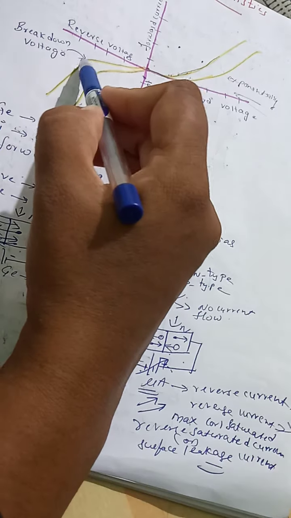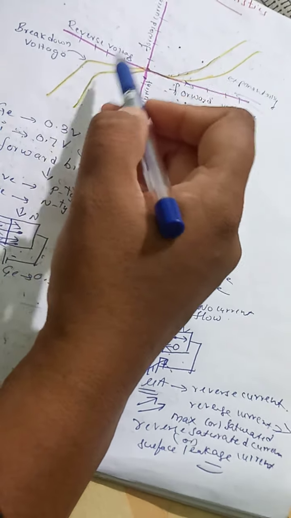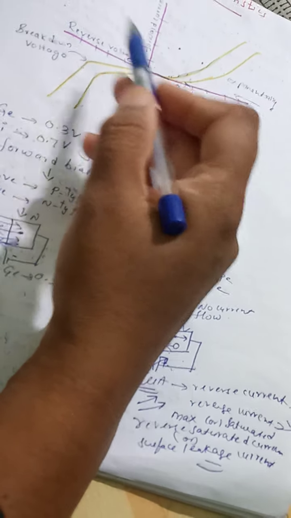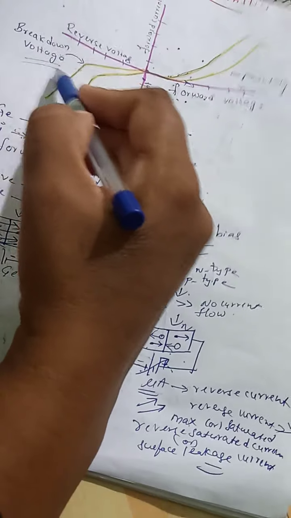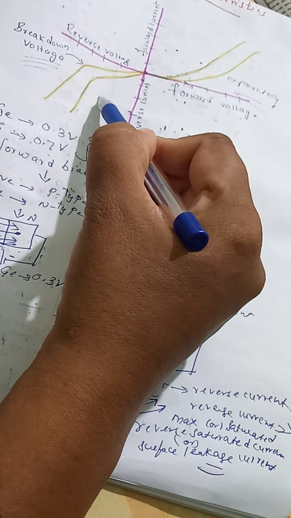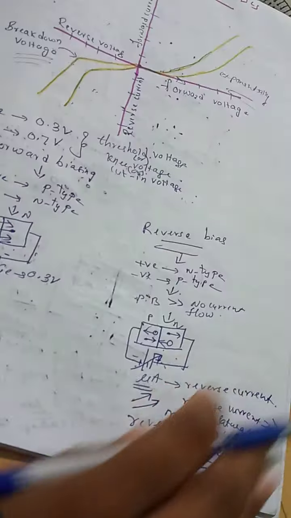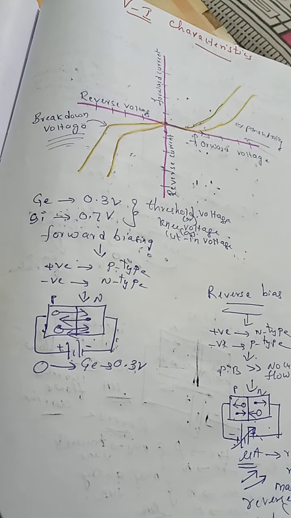So we will get the breakdown voltage if you go on continuously increasing the reverse voltage beyond the certain safe value. Alright, so in such a way we will get breakdown voltage in reverse biasing. So this is about VI characteristics of PN junction diode.